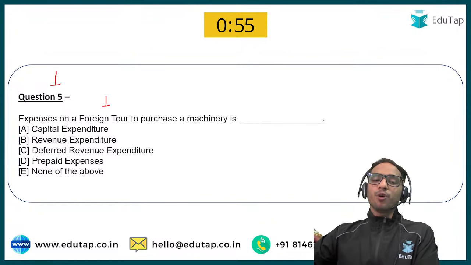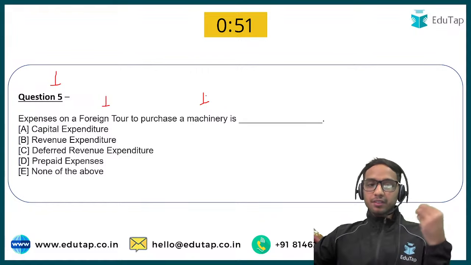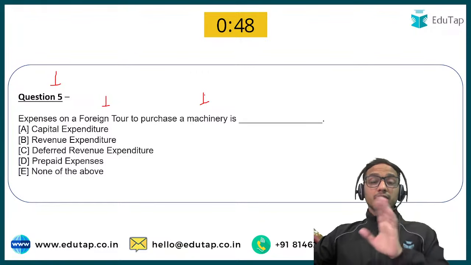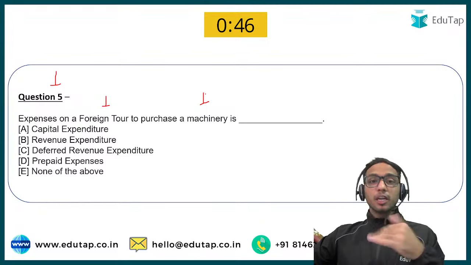Question number 5. Expenses on a foreign tour to purchase machinery is what? So now what is happening here? I have discussed the difference between capital expenditure and revenue expenditure multiple times with you all, isn't it?